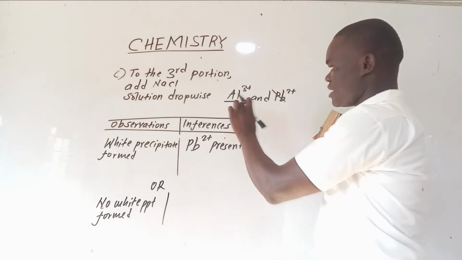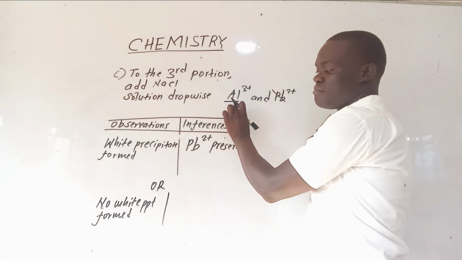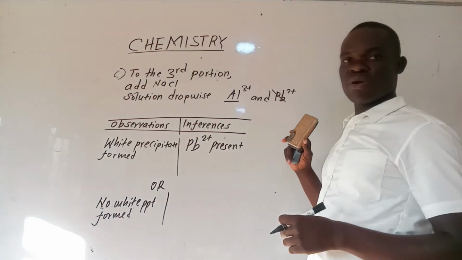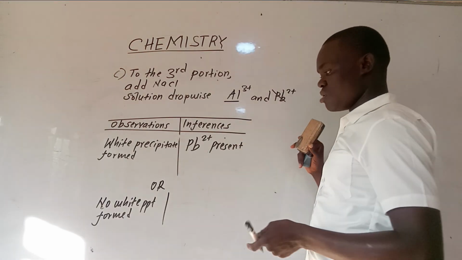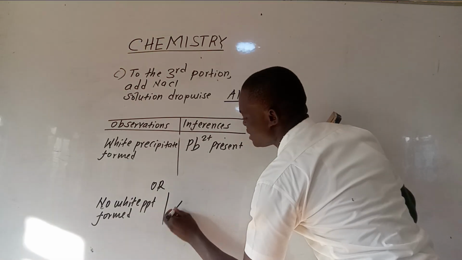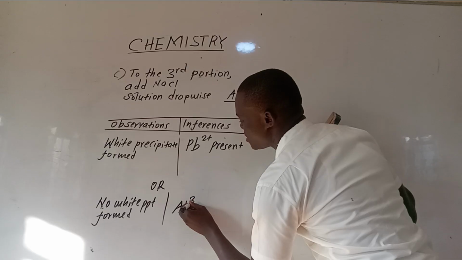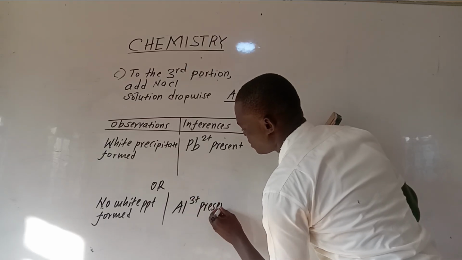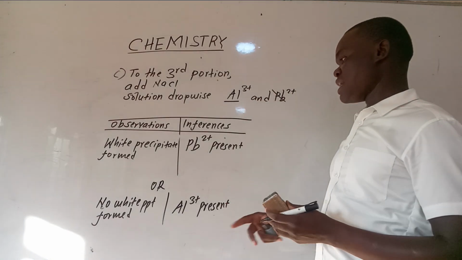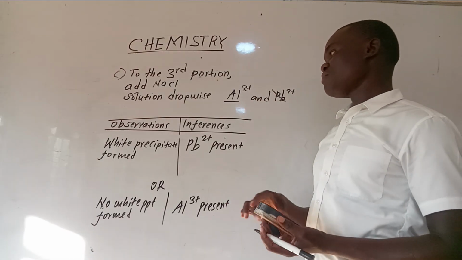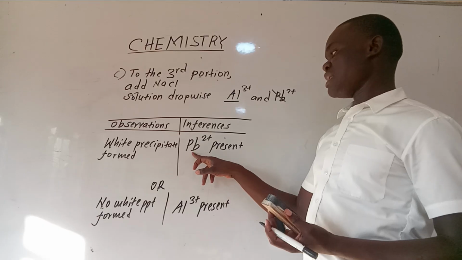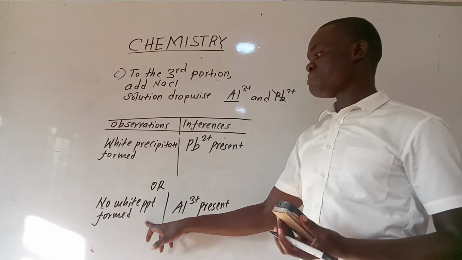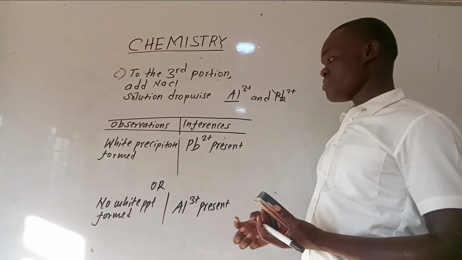So at this point, we will mention aluminium, because its chloride does not form a white precipitate. It is a soluble chloride. So we will say aluminium ion present. But if a white precipitate forms, lead ion present. If no white precipitate, aluminium ion present.